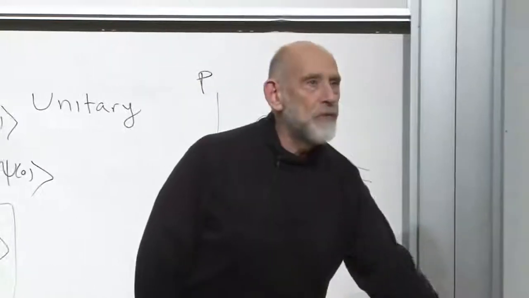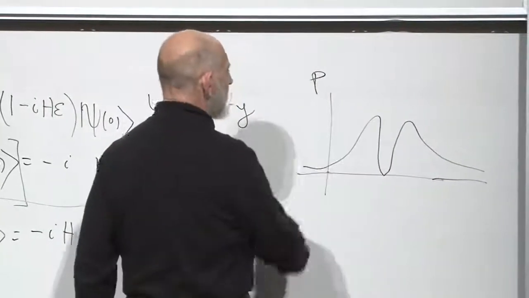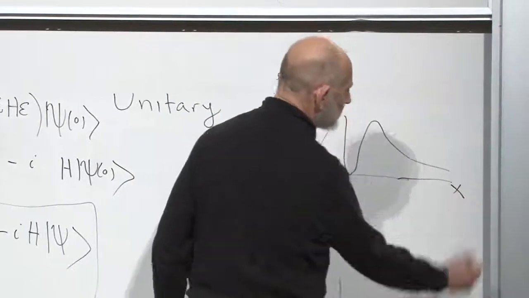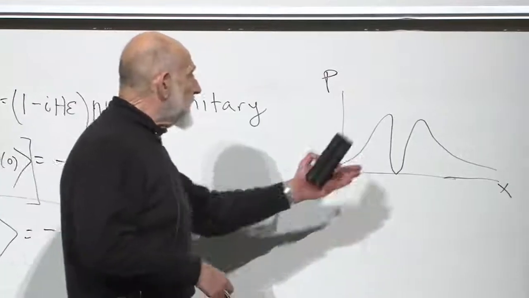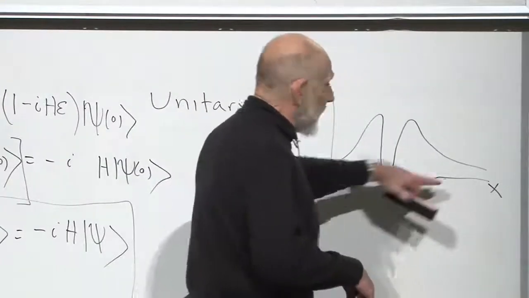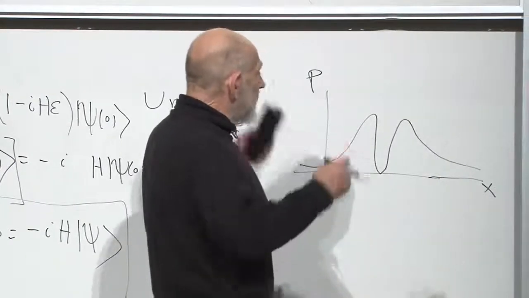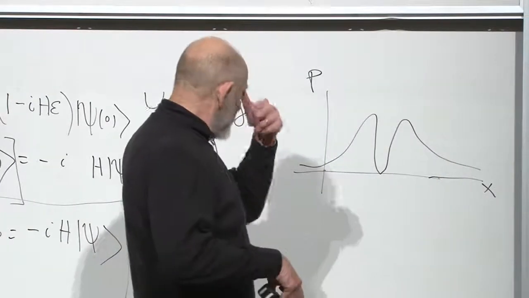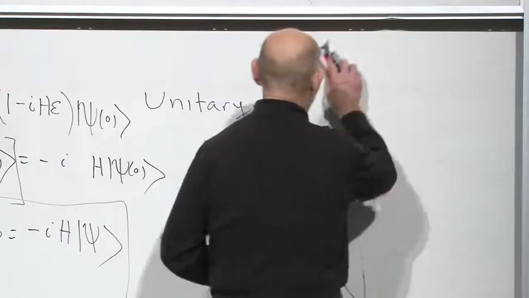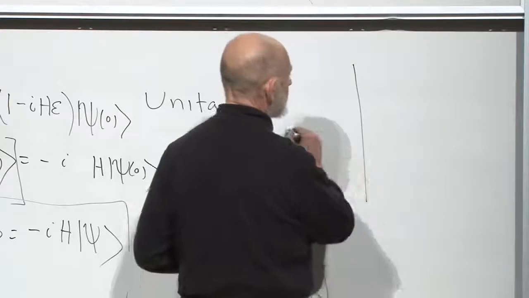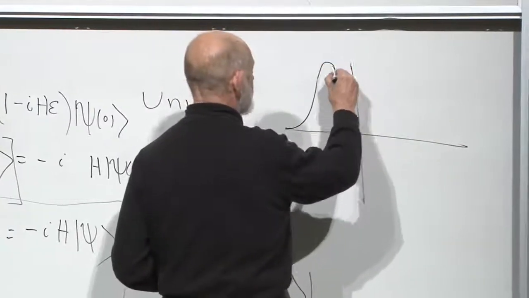Okay, what are the x and y axes representing? P is the probability, x is some variable, something that you measure. This could be the probability for finding a particle at different locations. It could be that for some particular state, the probability, let's make it symmetric about the origin, looks like this.